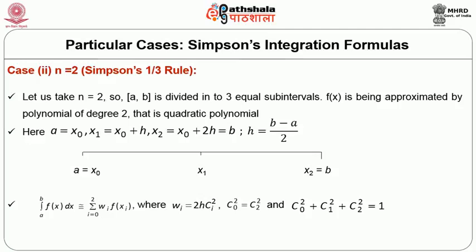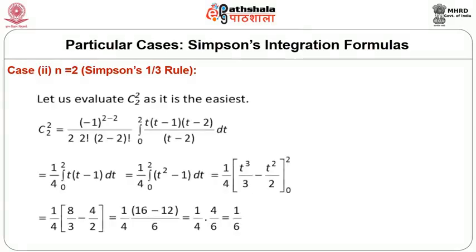Again, there is no need of calculating each of the three independently by the integral formula. Let us use the two properties we have in hand. 2C0 is the same as 2C2, and the sum of these three is 1. So 2C0 plus 2C1 plus 2C2 is 1, and 2C0 is the same as 2C2. The simplest to derive will be 2C2.